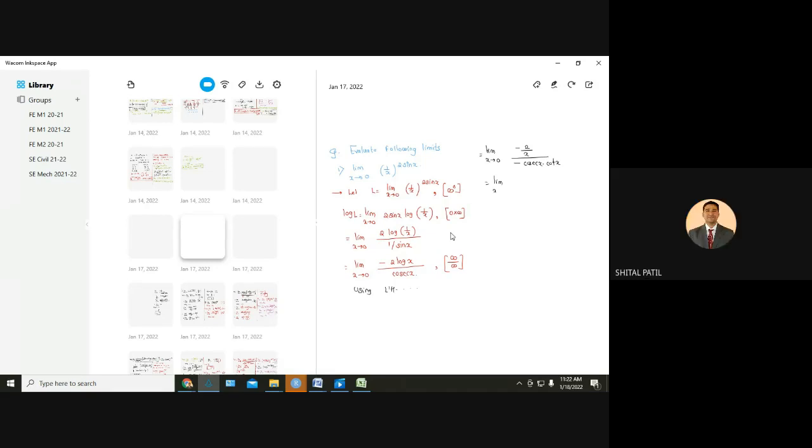The screen is on. Alright, it is disconnected. Okay, just 1 minute.